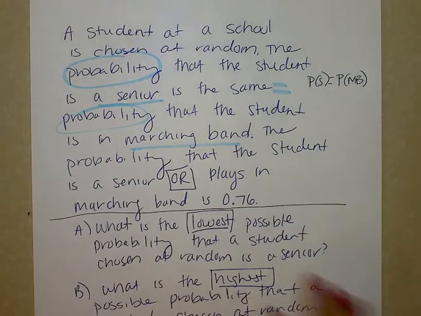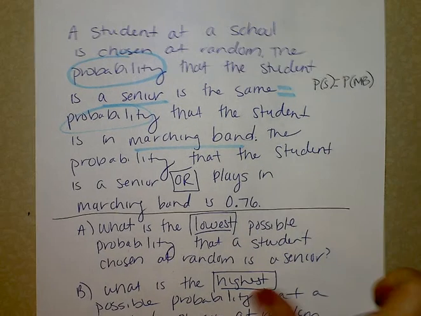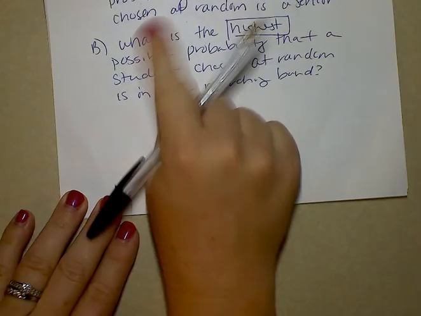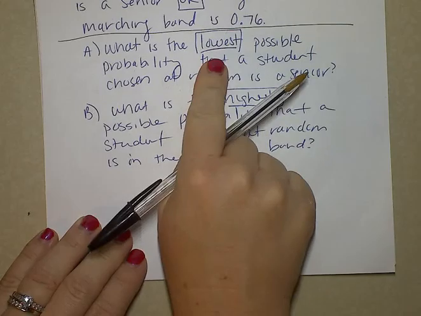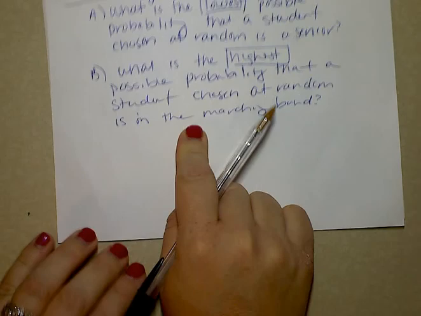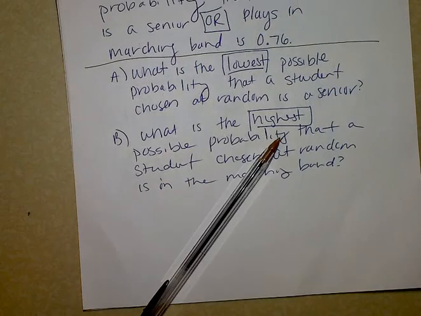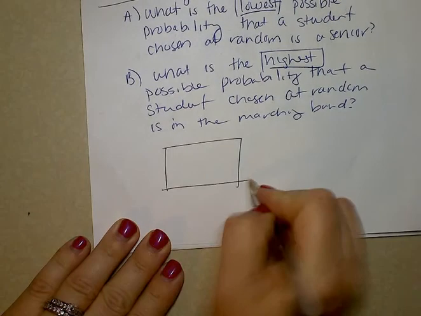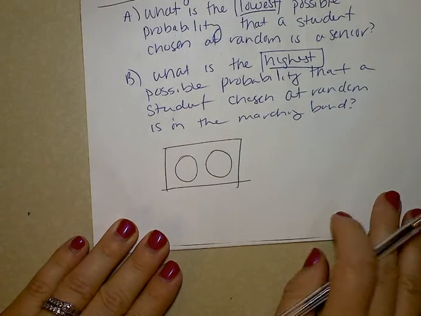So here's what our different options are before we even look at this problem. We're talking about the lowest possibility and the highest possibility. The two extremes, but nothing in between. Our one option is disjoint, where your hands are separated.